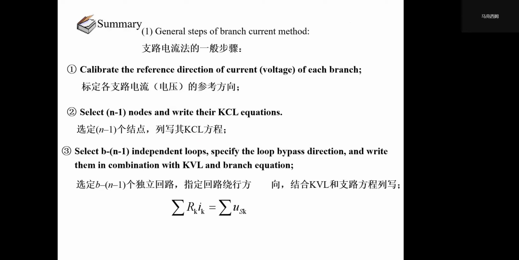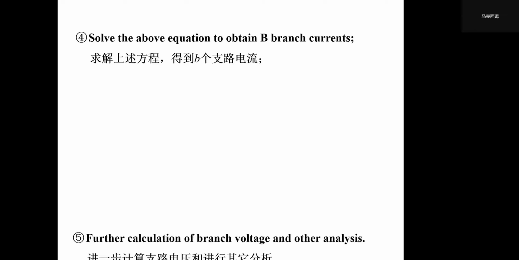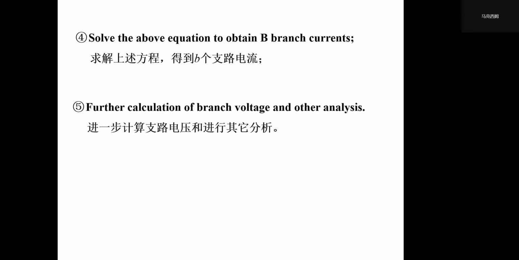And this is what we have learned about the KVL equations: all the consumer voltages together on the left side equal all the producer voltages on the right side. And solving those equations above, we can gain the branch currents. And then you can further calculate the branch voltages and other things you would like to know.